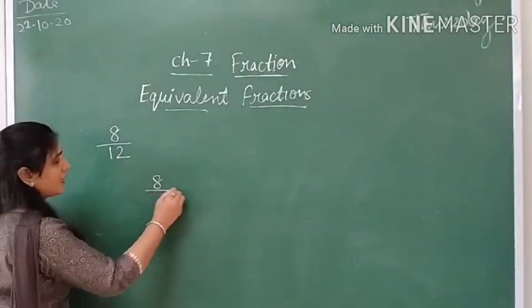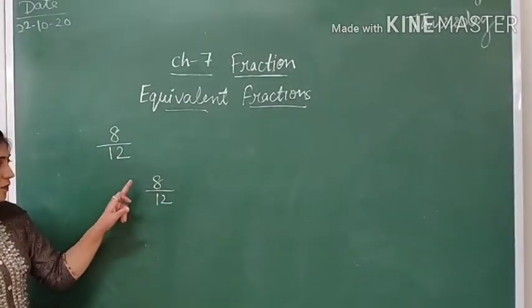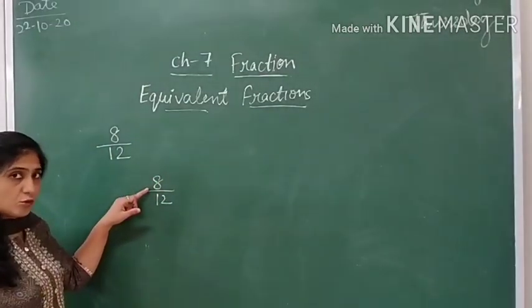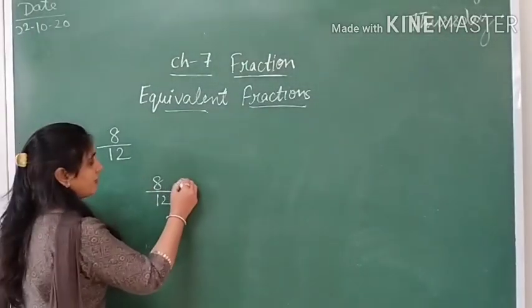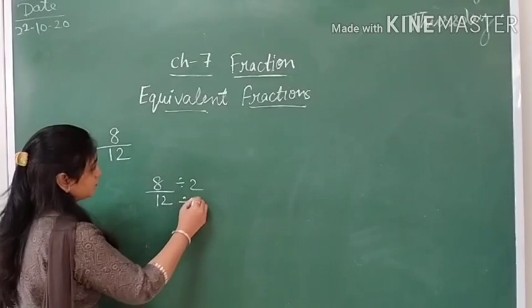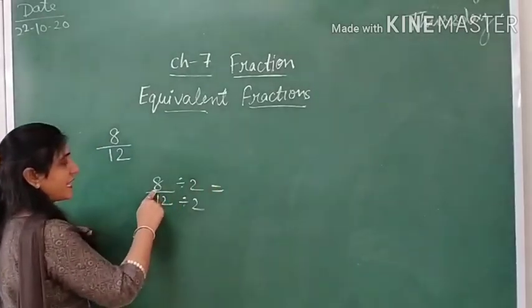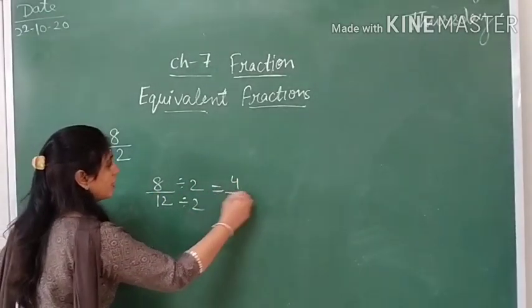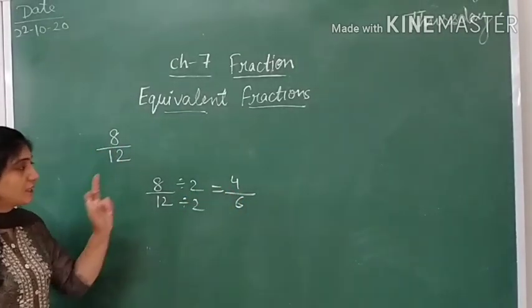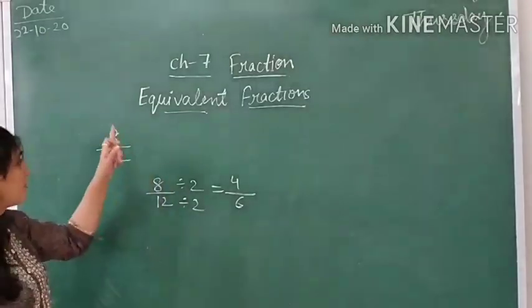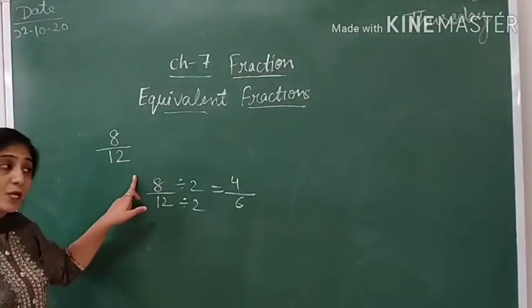See, the number is 8 by 12. 8 and 12 are also in the table of 2. So I will divide by 2. When I divide 8 by 2 I got 4, and when I divide 12 by 2 I got 6. So students, 4 by 6 is also equivalent to 8 by 12.